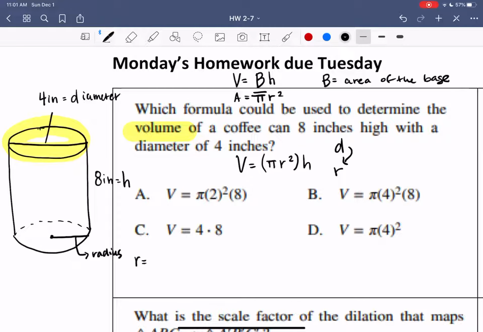So our radius is going to equal 2 inches. So we have a radius of 2, we have a height of 8. And so when we plug those into our formula right here, we're going to have volume equals pi times 2 squared times our height.